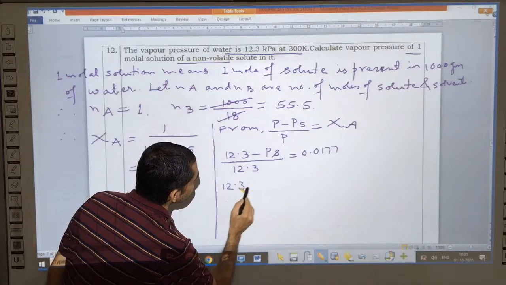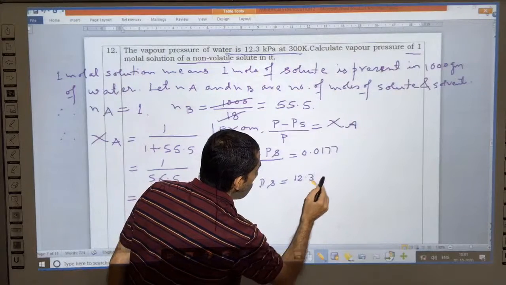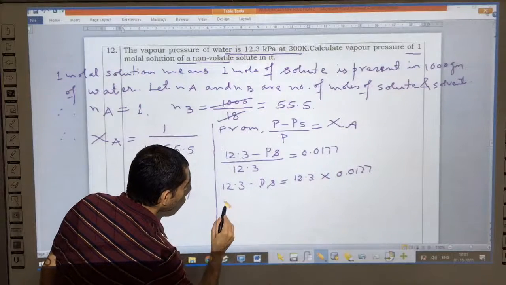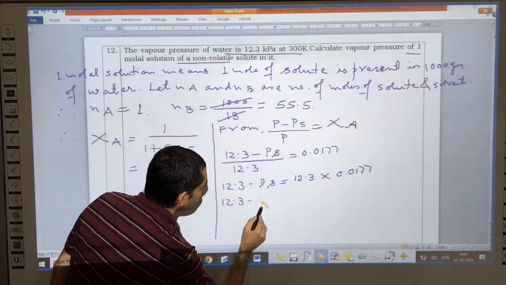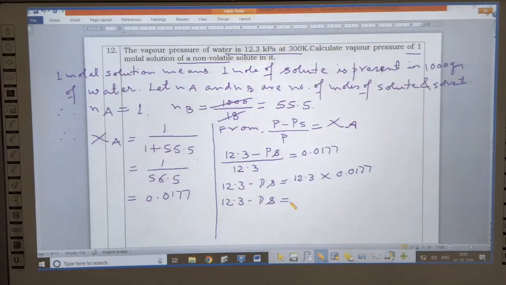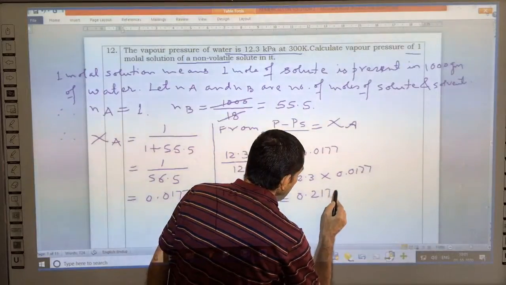So 12.3 minus PS is equal to 12.3 multiplied by 0.0177. Let us multiply it and get what is coming. 12.3 multiplied by 0.0177, 0.2177.